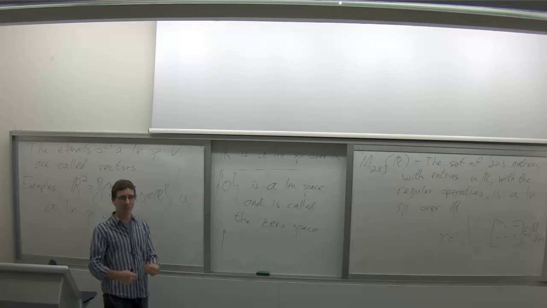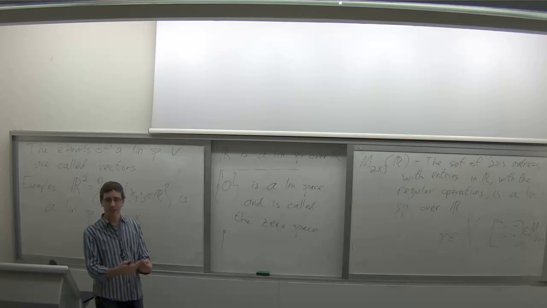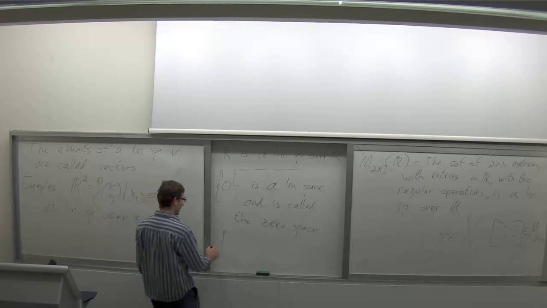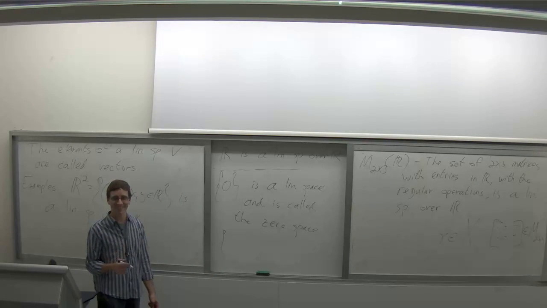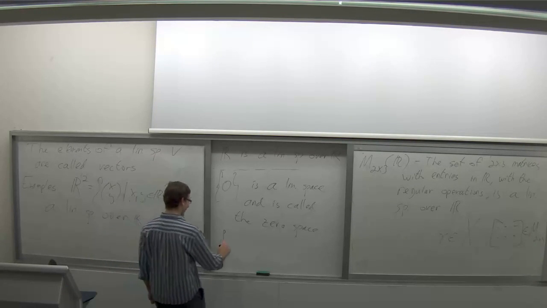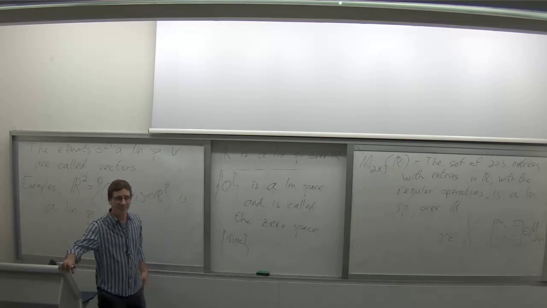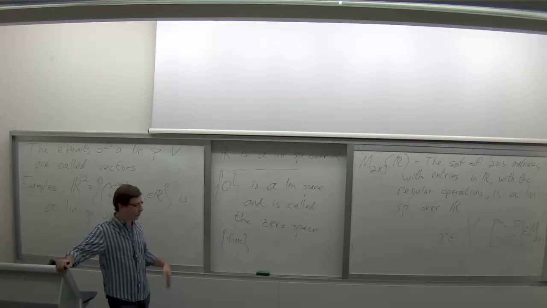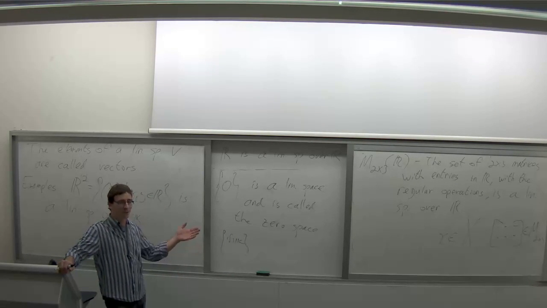You have to distinguish between the contents and what the definition tells you to have. I can take a candidate student who wants to volunteer. Okay, Orly. I can take Orly and think of the set of Orly, with the following operation: Orly plus Orly is Orly, and for any scalar alpha, alpha times Orly is Orly.